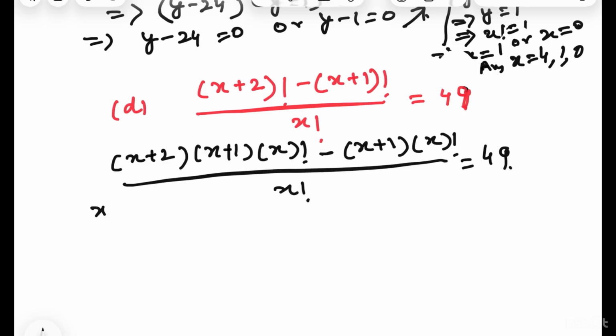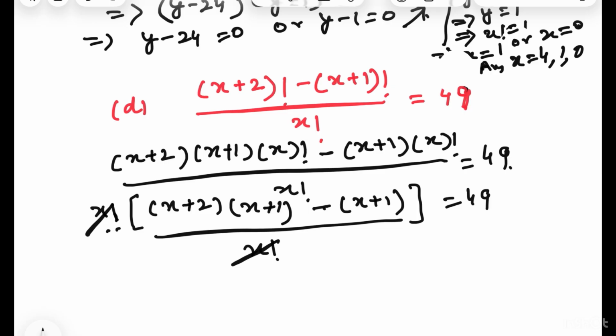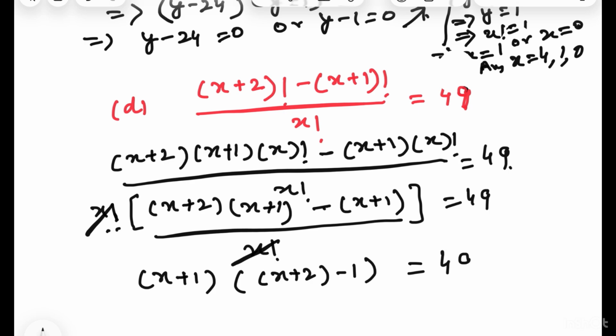So यहाँ से हम x factorial कॉमन ले लो आप, तो क्या आएगा x plus 2 into x plus 1 minus x plus 1 is equal to 49, x factorial cancel. अब देखिए इसमें से फिर x plus 1 कॉमन ले लेंगे. x plus 2 minus 1 is equal to 49.